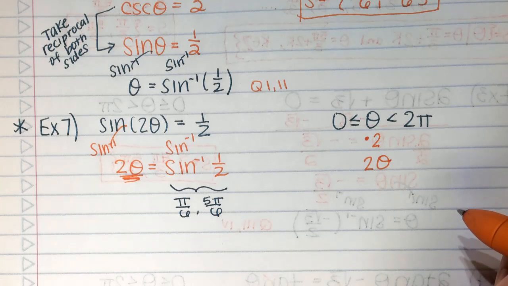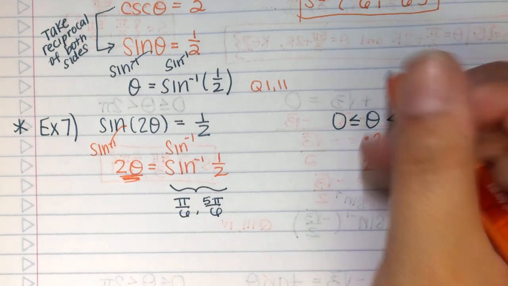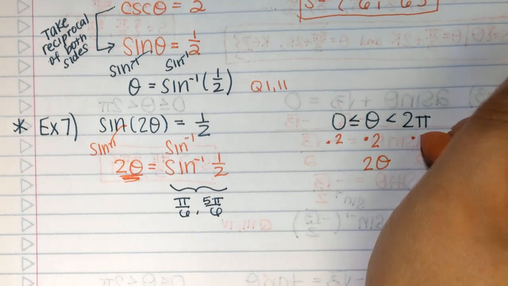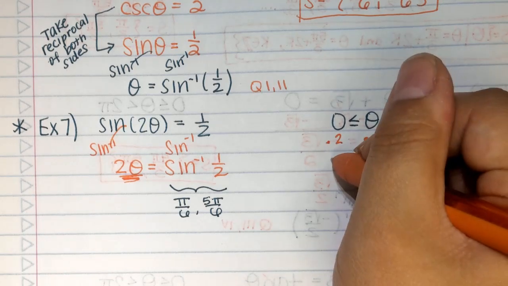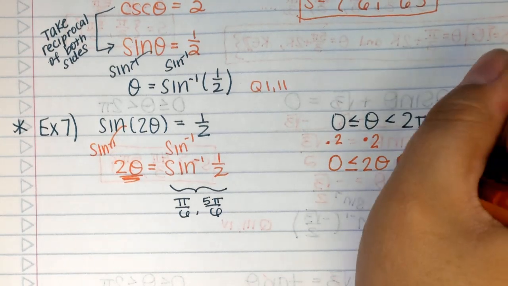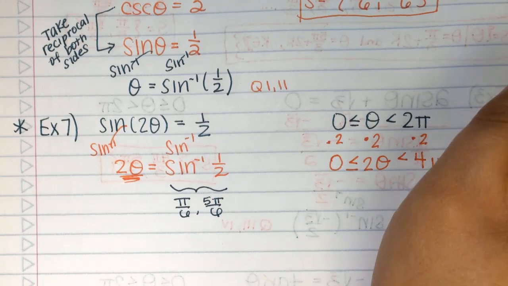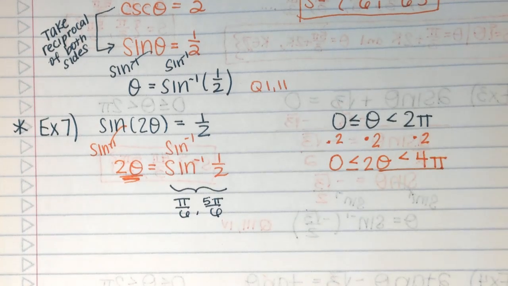But if I do that, I'm going to have to multiply all of them by 2, which is going to change my interval to 4 pi. Which means pi over 6 and 5 pi over 6 are not my only answers.